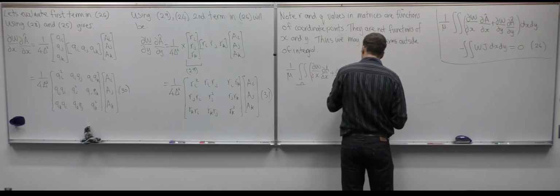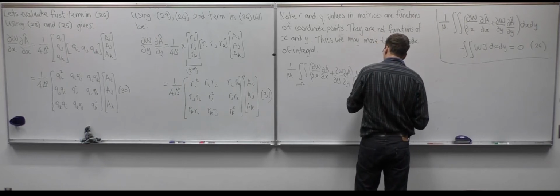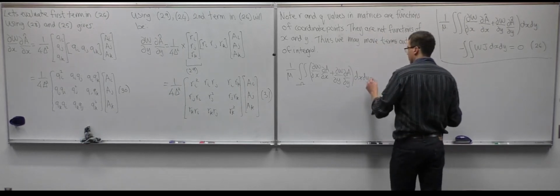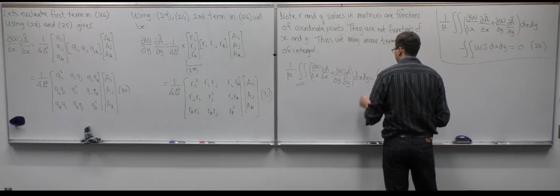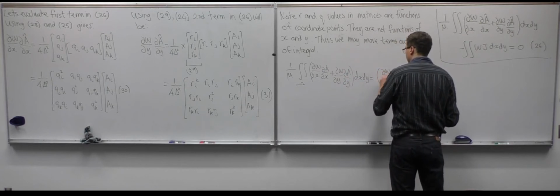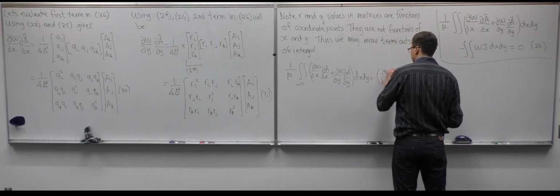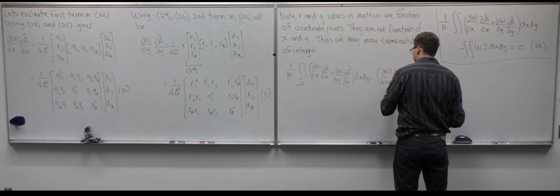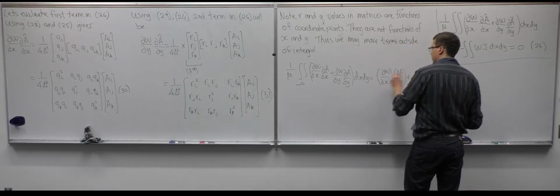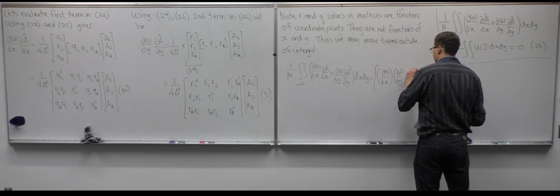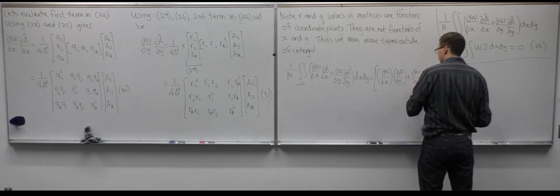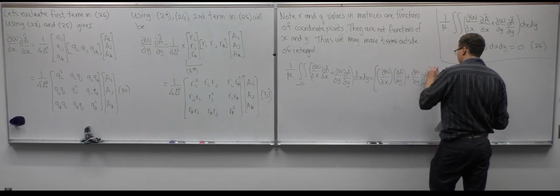So this first term just becomes, so we can move all this out. So we just have del w del x, del a del x, plus del w del y, del a del y, and that's all now outside of the integral.